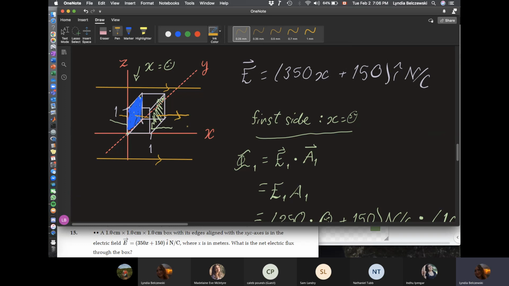That's awful, but it gets the idea across. This field line, since it's pointing towards the right, would go through the blue side first. So that would be going into the box, and then it would come out the green side. That tells you which is the influx and outflux.